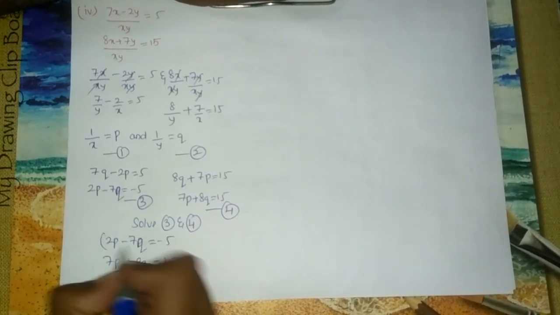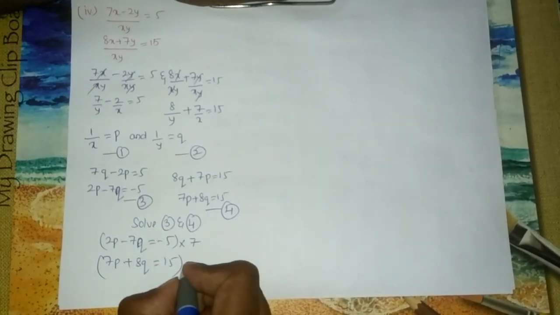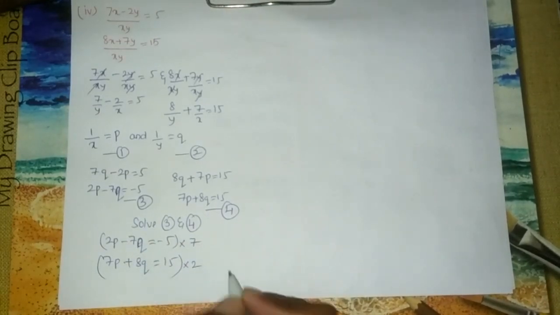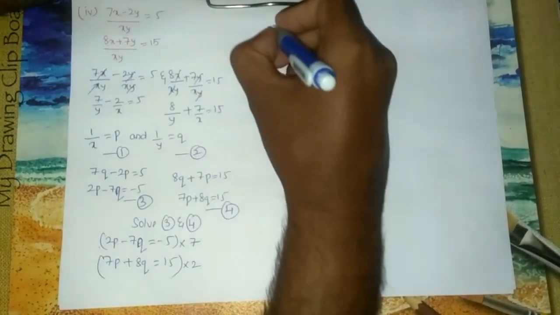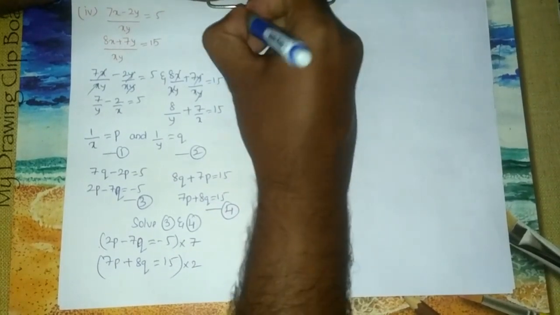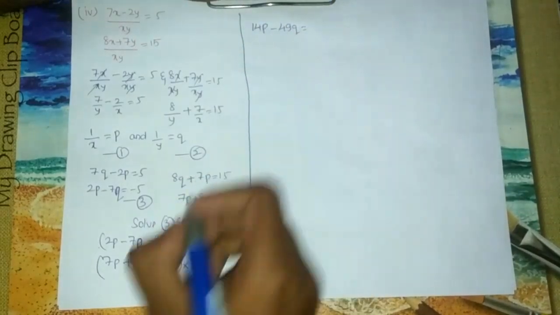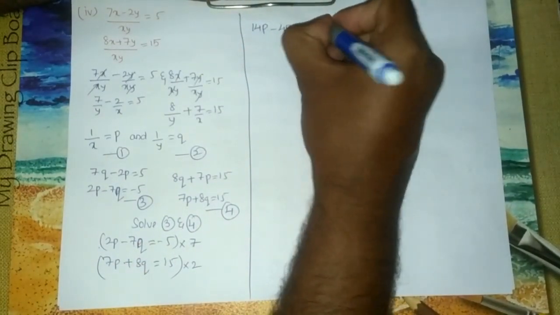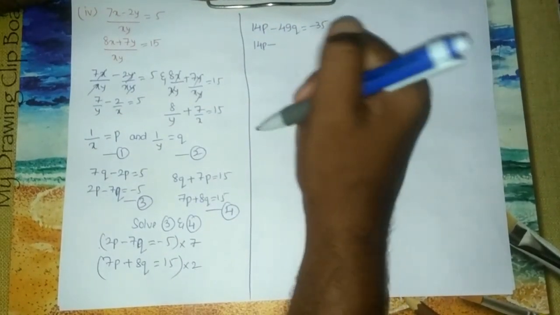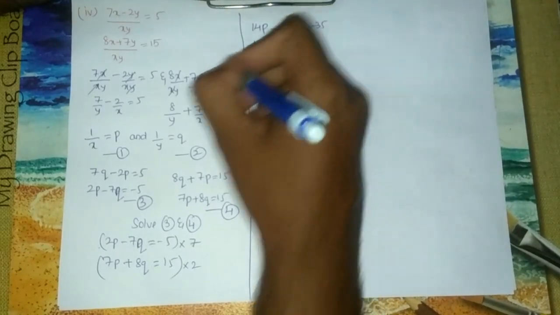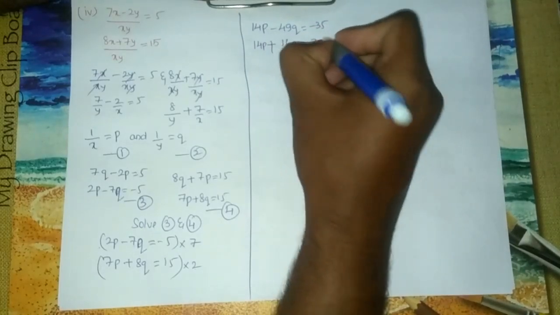So for the elimination of p, I have to multiply this with 7, and this with 2. So I will get 7 into 2 is 14p, 7 into 7 minus 49q, and 7 into 5 minus 35. And 2 into 7 is 14p plus 8 into 2 is 16q equals 15 into 2 is 30.